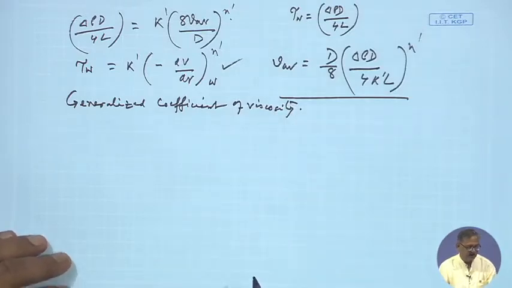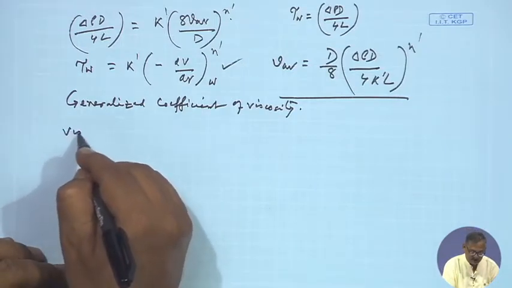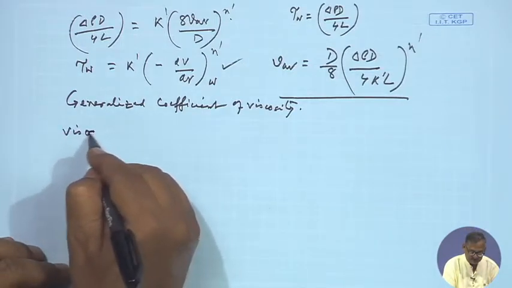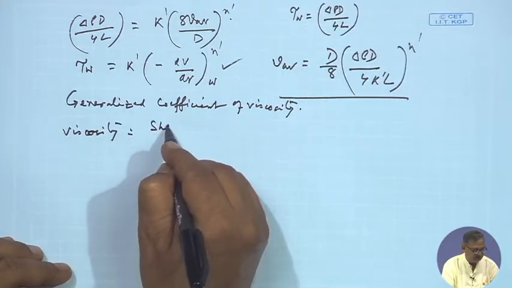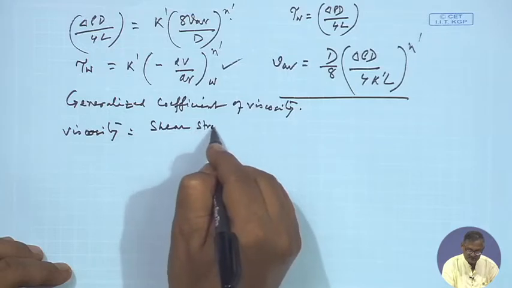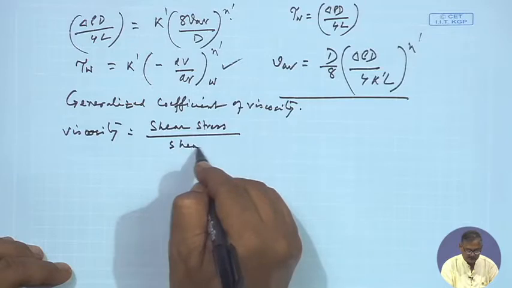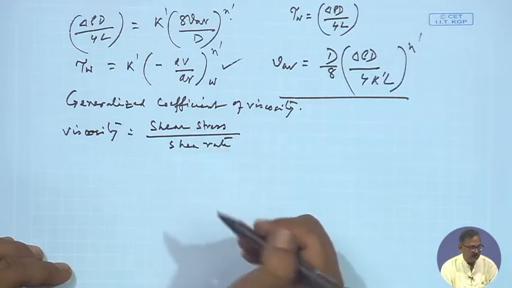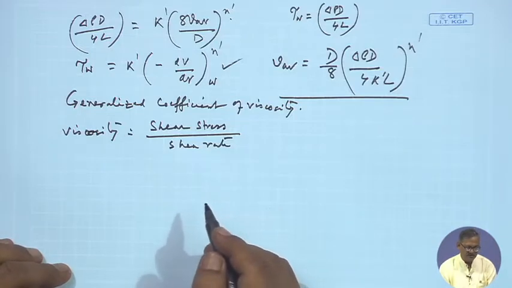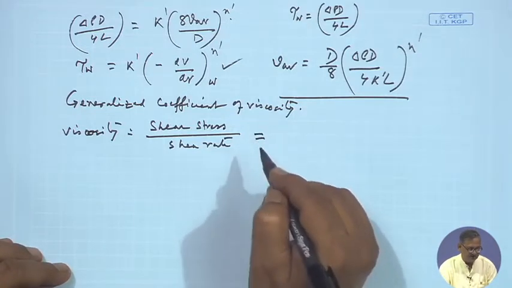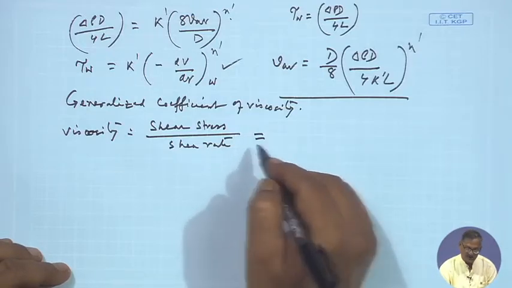And now viscosity means shear stress by shear rate, right. So shear stress by shear rate is the viscosity. This is equal to the slope of the straight line for Newtonian liquids.